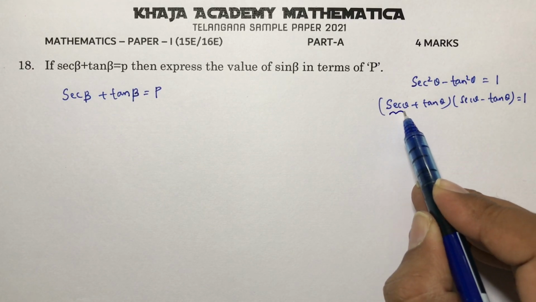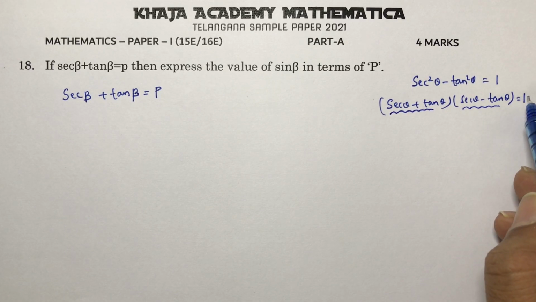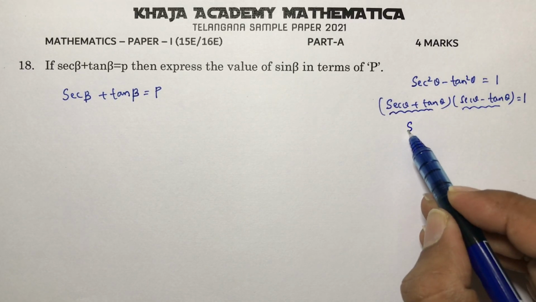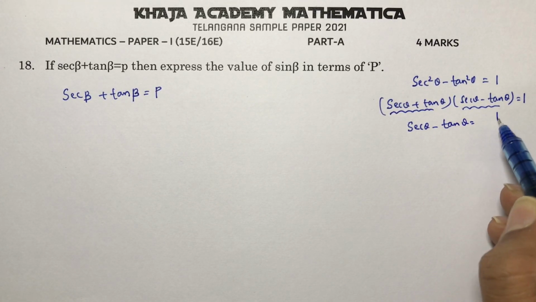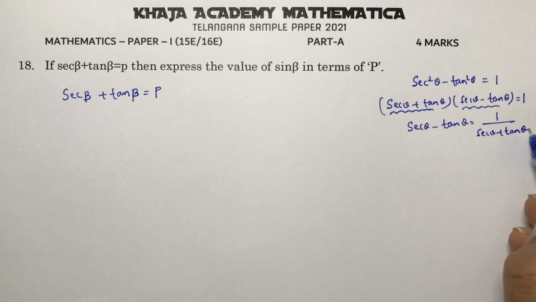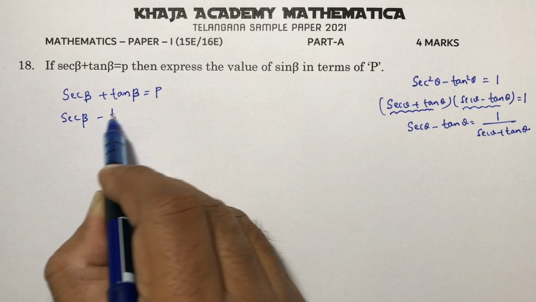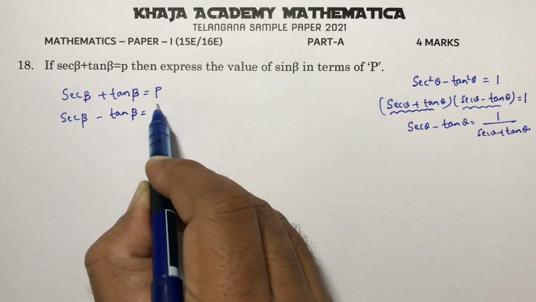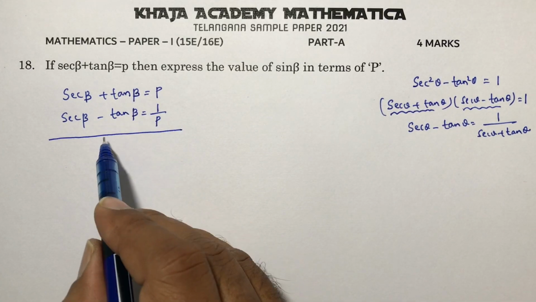So what I want to say is sec theta plus tan theta and sec theta minus tan theta are reciprocal. So you can write sec theta minus tan theta is 1 by sec theta plus tan theta. Here sec beta minus tan beta is 1 by p. Now I'll add these two equations.